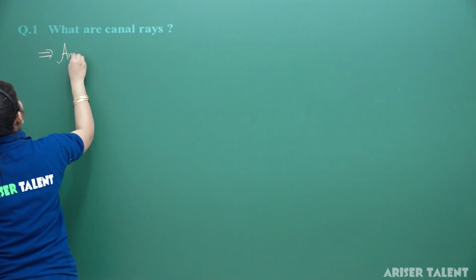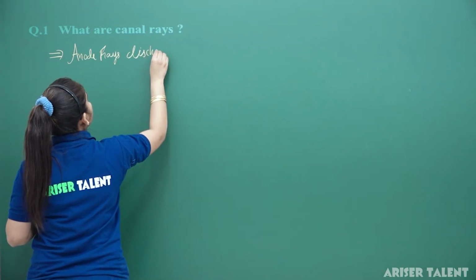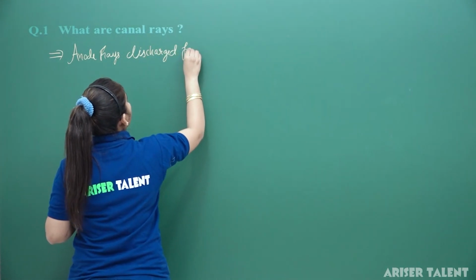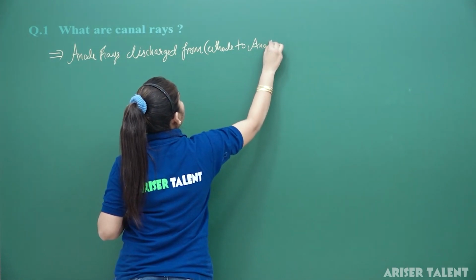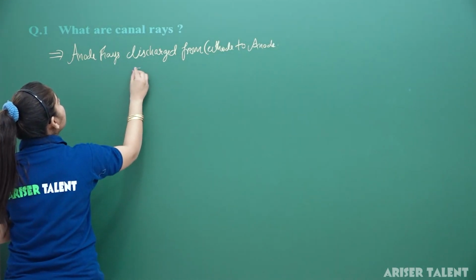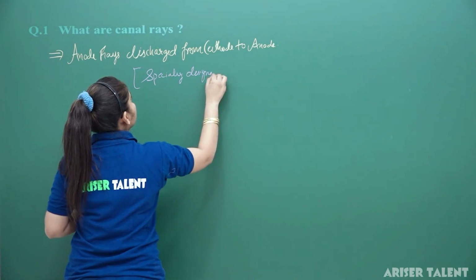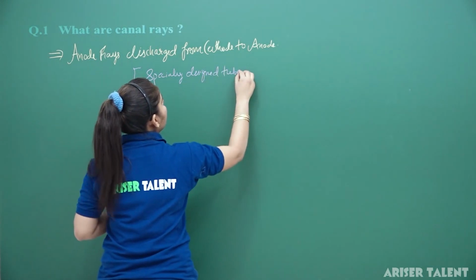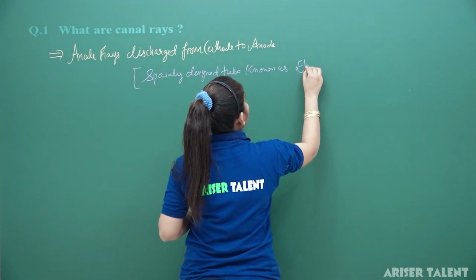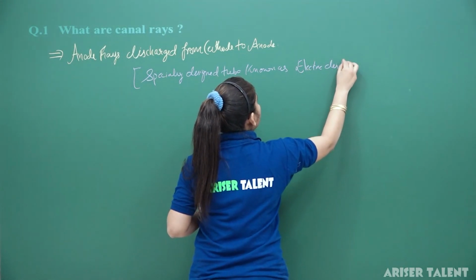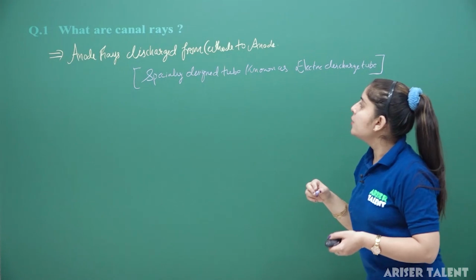These are actually the anode rays, and these are discharged from cathode to anode in a specially designed tube, known as electric discharge tube. So this is all about what the canal rays are.